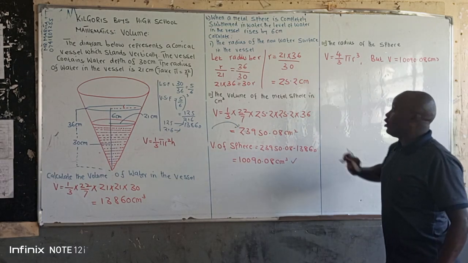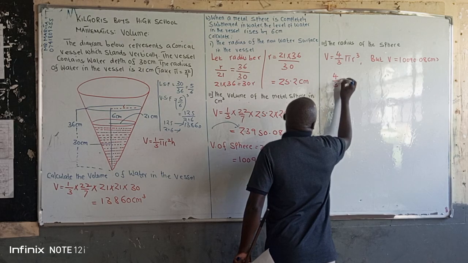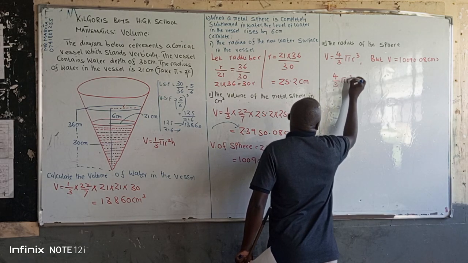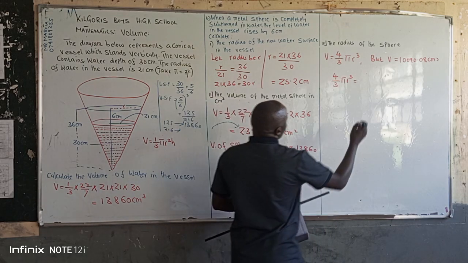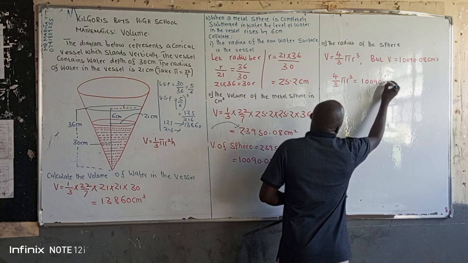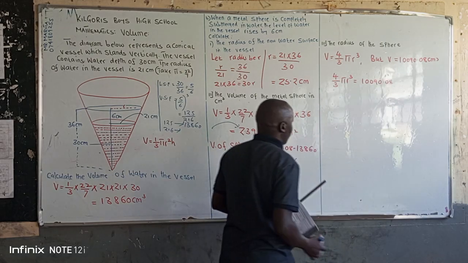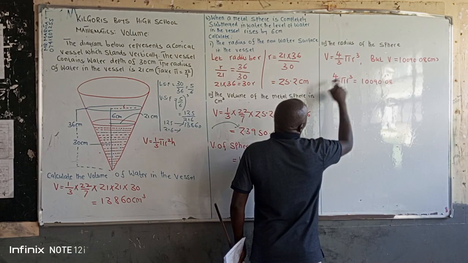So where there is volume, you substitute that. So 4 over 3 pi r cubed should be equivalent to 10,090.08 cubic centimeters.